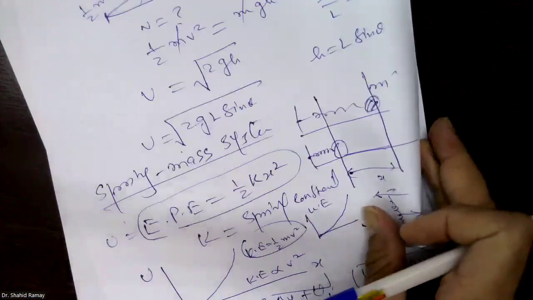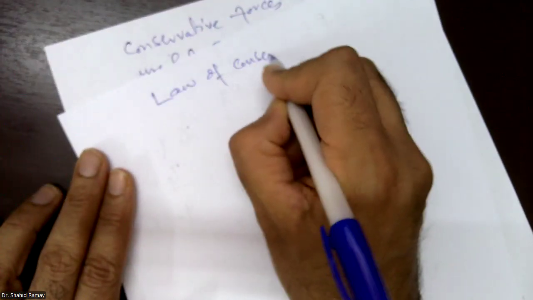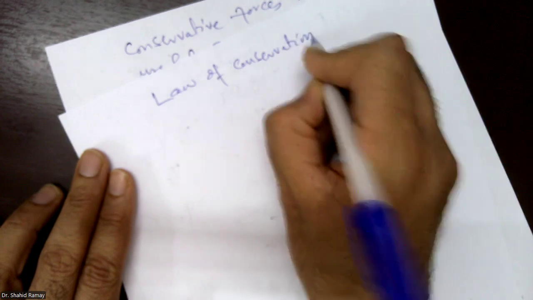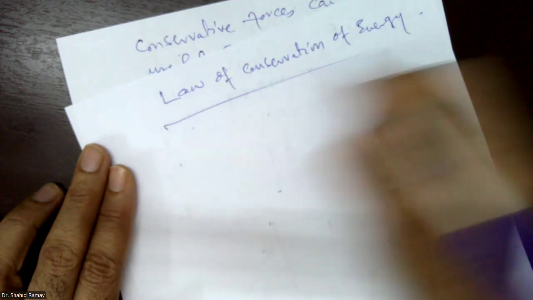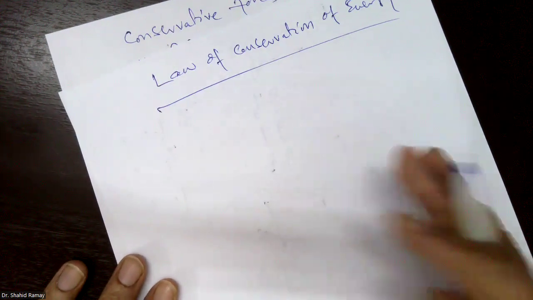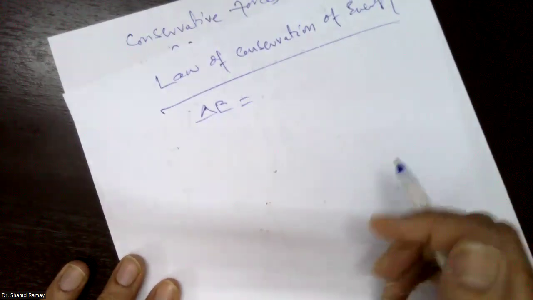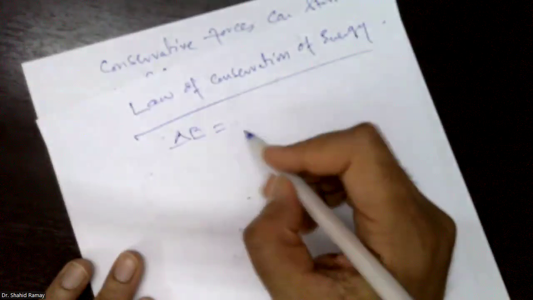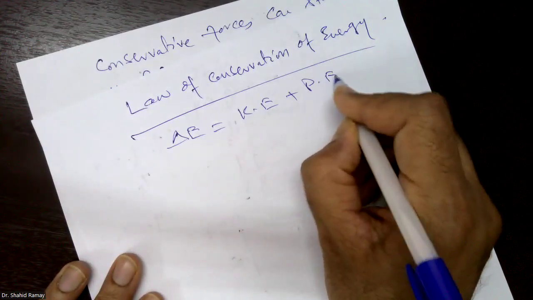Okay. After this, now we have the law of conservation of energy. In the law of conservation of energy, the total energy is always constant. Total energy is called delta E. But here we are discussing only two kinds of energy: one is kinetic energy and one is potential energy.